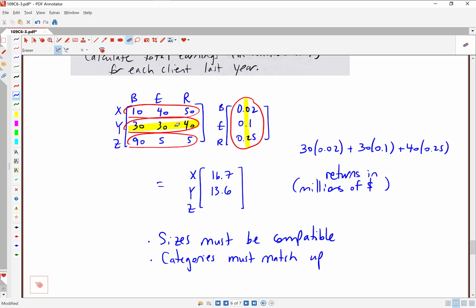And then finally to do client Z, we're doing bottom row with that column. So it's going to be 90 times 0.02 plus 5 times 0.1 plus 5 times 0.25. And again, we can use our calculator there. So 3.55. So it looks like client X was the winner. He made the biggest return in millions of dollars.